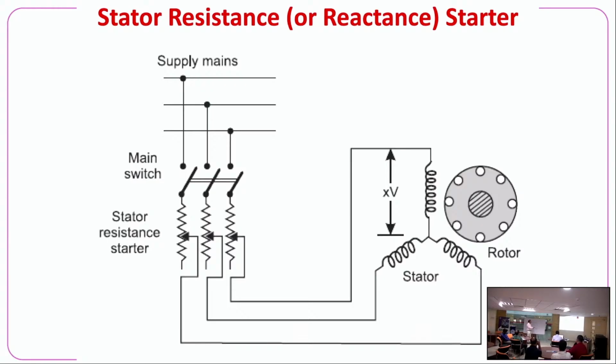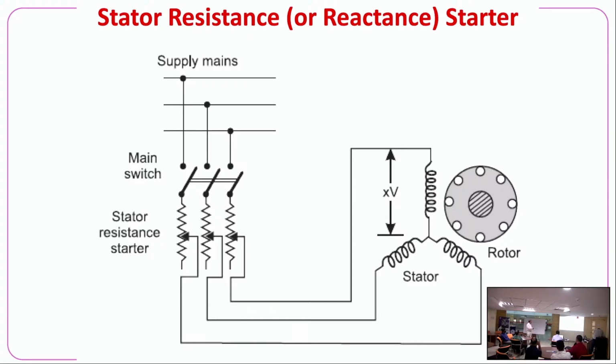Supply voltage minus the voltage drop in the rheostat equals the voltage available to the machine. So the voltage available to the machine reduces, and the starting current reduces.